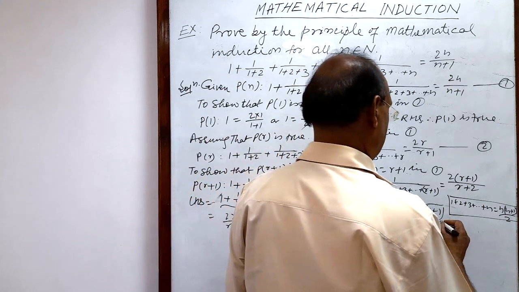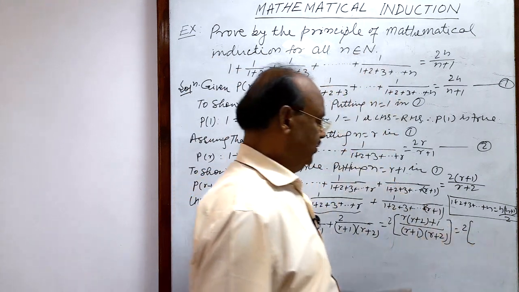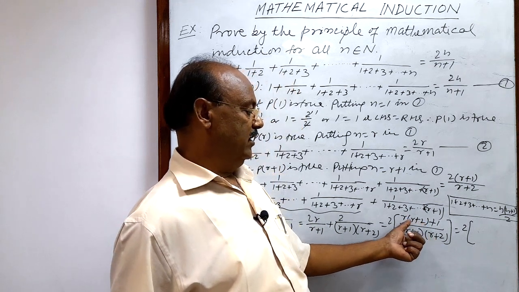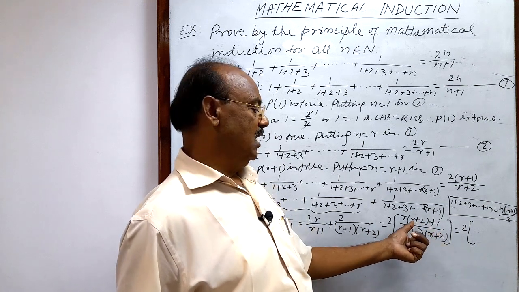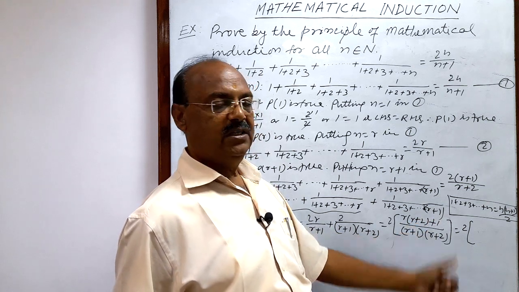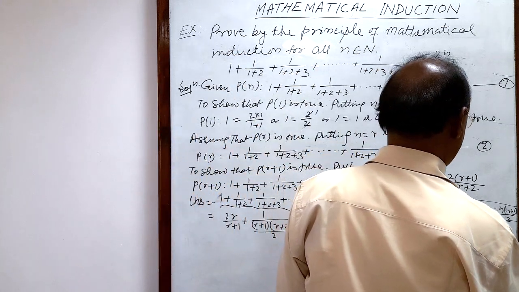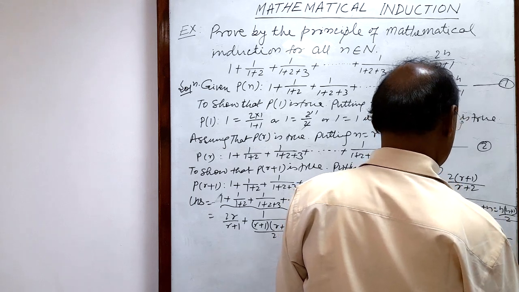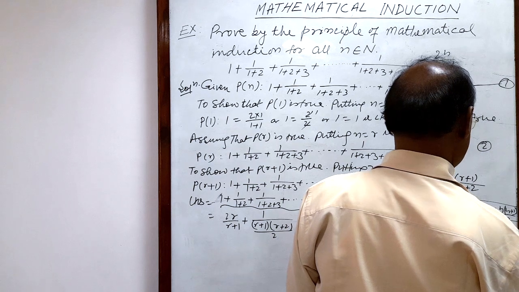So this is equal to 2 times, you see, whenever you multiply r with r plus 2, we get r square plus 2r, and this is plus 1. You know r square plus 2r plus 1 is r plus 1 whole square. So your numerator is r plus 1 whole square and the denominator is r plus 1 into r plus 2.